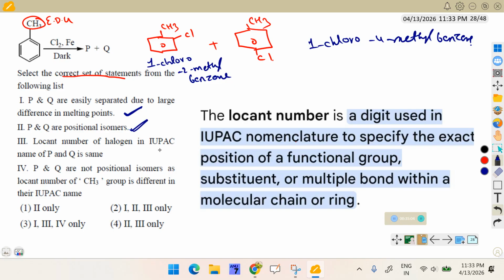The locant number of halogen in the IUPAC names of P and Q is the same: 1-chloro, here also 1-chloro. A locant number is a digit used in IUPAC nomenclature to specify the exact position of a functional group or substituent or multiple bonds within a molecular chain or ring. The statement that P and Q are not positional isomers is wrong; P and Q are position isomers. So statements 1, 2, 3 are correct.